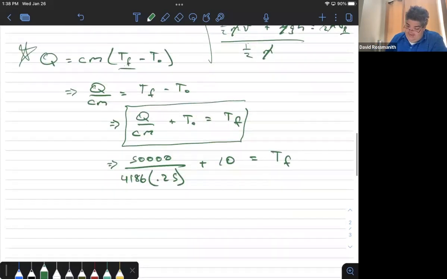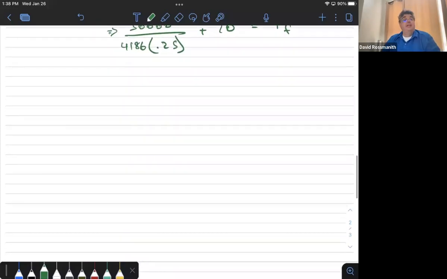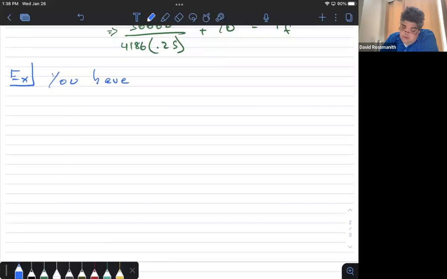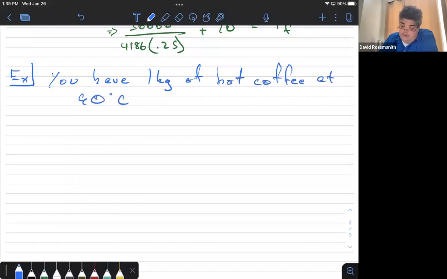All right, now we will do an example that's a little bit more complicated. Here we will mix a couple of different materials together. So with this example, we'll say you have 1 kilogram of hot coffee at, let's say, 90 degrees Celsius.